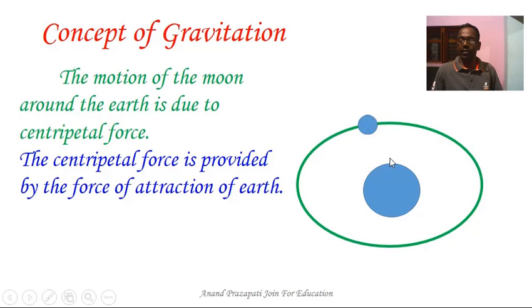So the force between the moon and the earth is known as the force of attraction of the earth, and the motion of the moon around the earth in an elliptical or circular path is due to the centripetal force.